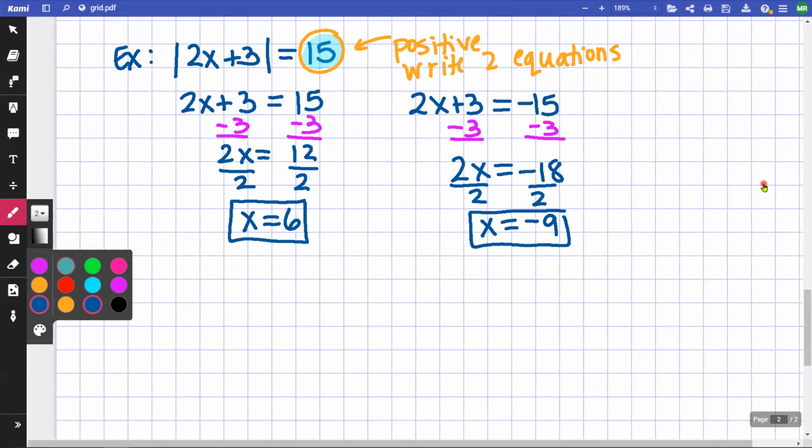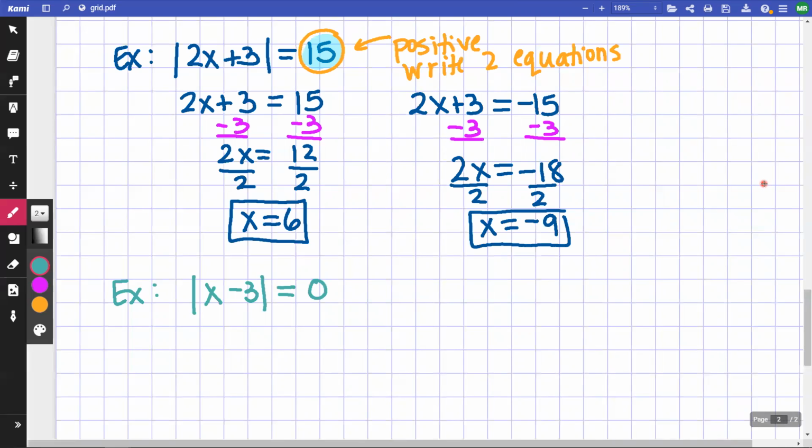So next example. For this next example, let's say that we have the absolute value of x minus 3 is equal to 0.